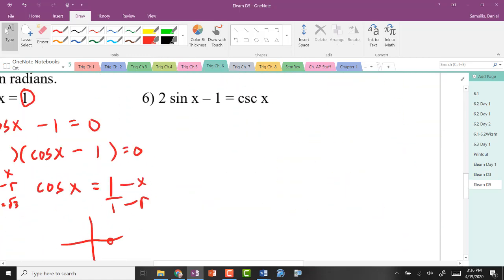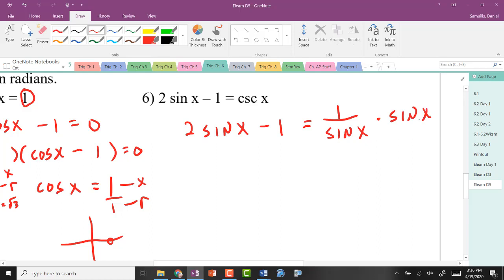So the problem with this one is I don't have a Pythagorean identity, but we should know immediately that cosecant is 1 over sine. And that's what we're going to do. I know I like fractions, but if I can avoid them, I will. I'm going to use a nifty little idea: whatever you do to one side, you do to the other.